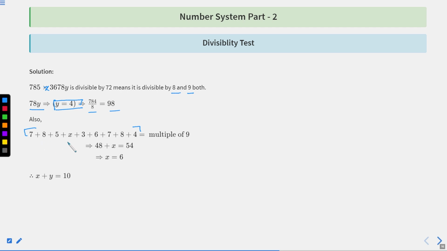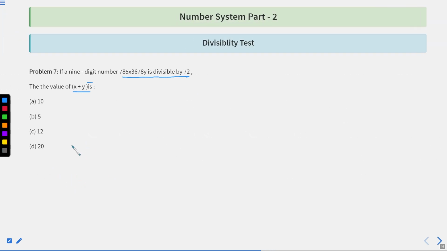So on simplification, we have 48 plus x equal to 54. All right. So that means on simplification, we have x equal to 6. You now know the value of x and you know the value of y. You just have to compute the sum and it will be 10. So the correct option here is option A, 10.